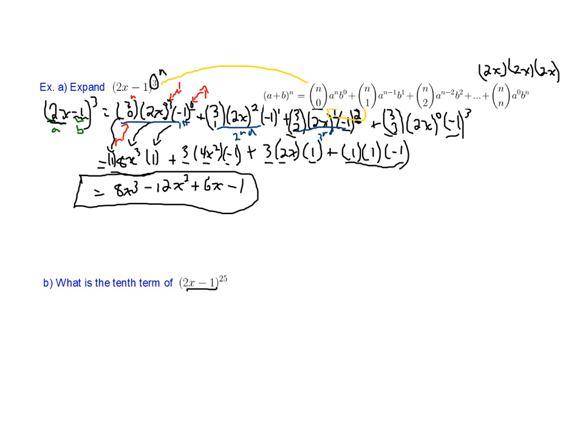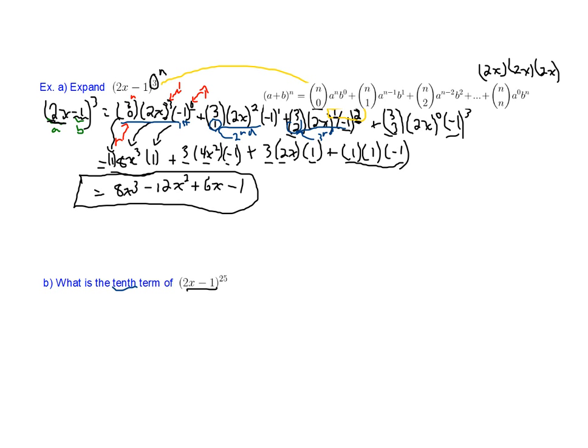Important to note that the term number is actually just 1 greater than the r value in each of these. So the r value being a 1 here and a 2 here, if we want to know what the 10th term is, the r value should be 1 less than that.